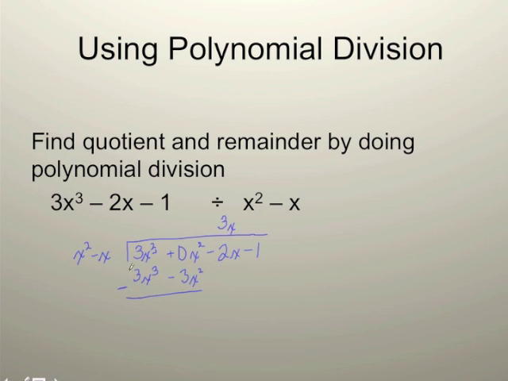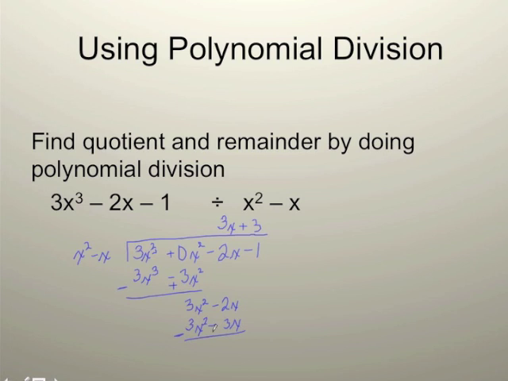Change these signs because we're subtracting. That goes out. This becomes a positive. So I have a 3x squared minus 2x. What do you take times x squared to get 3x squared? That would be 3. So plus 3 will give me 3x squared minus 3x.